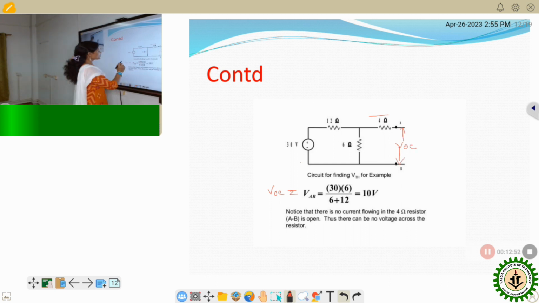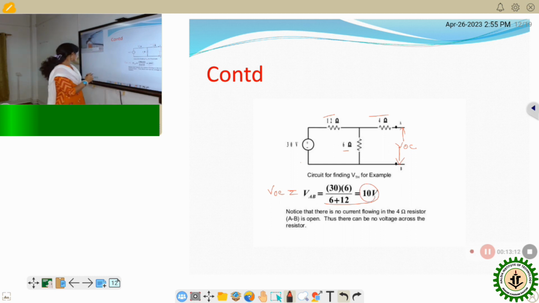So VOC equals VAB. Here the voltage divider rule is applicable. The total voltage 30 multiplied by 6, divided by the total resistance, 12 plus 6. That will be equal to 10 volts.